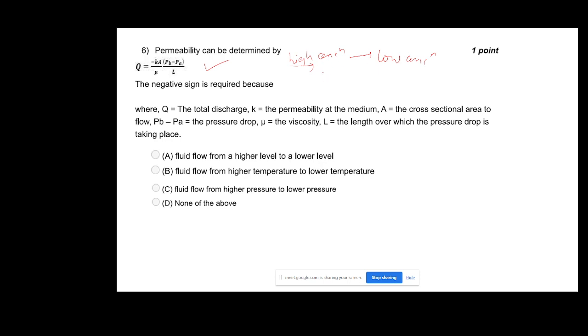Now, concentration can also be related in terms of pressure. So, this transfer will be from high pressure to low pressure. So, the correct answer here is fluid will flow from high pressure to low pressure.